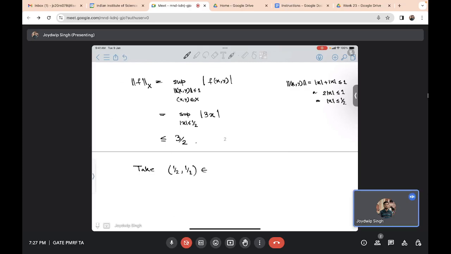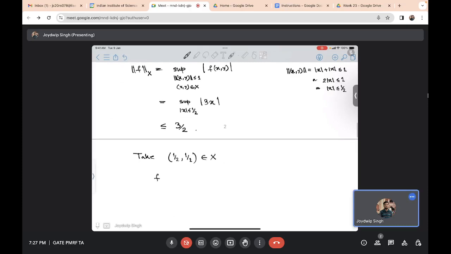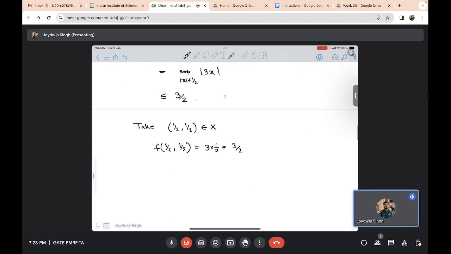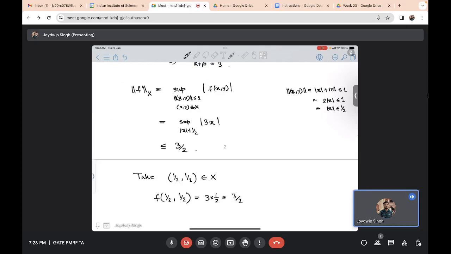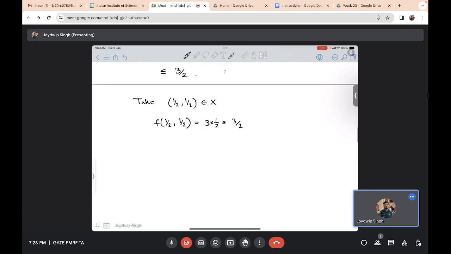As x equals y, this belongs to X. And what will be F of half comma half? This is 3x, so if you put 3 into half, it's 3 by 2. So at half comma half, F takes the value 3 by 2. So the supremum is attained at this point. So the norm of F is 3 by 2. Therefore, the norm of F on X is 3 by 2.